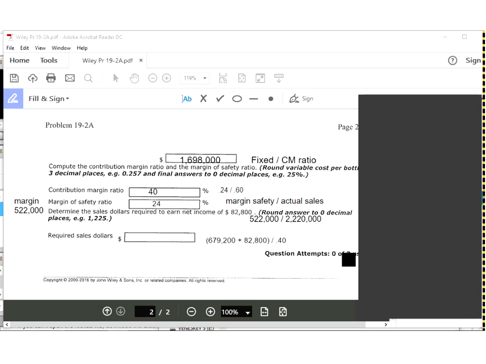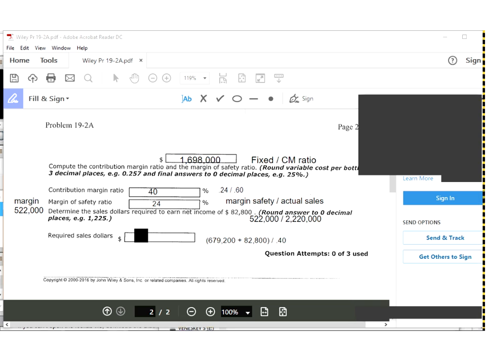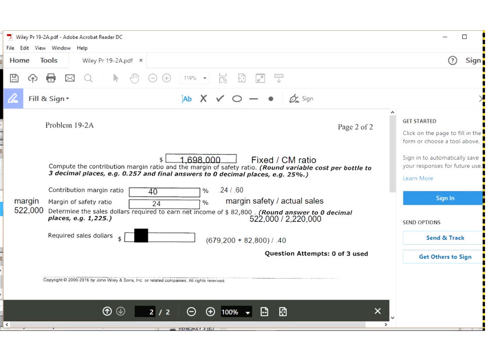I got 679.2 plus the 82.8. And divide all that by the 40%. I need to sell, in dollars, 1.905 million in sales dollars.